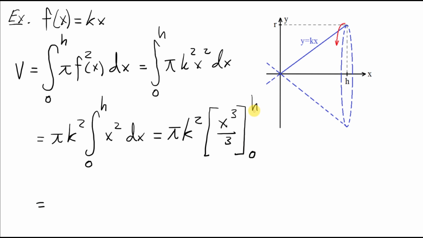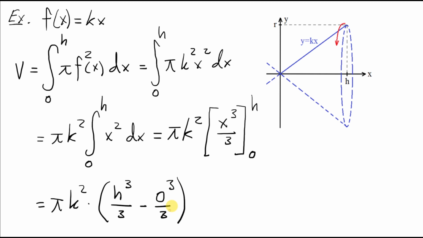Then we just put in the limits here, h and 0. And this is 0, so it just simplifies to this.